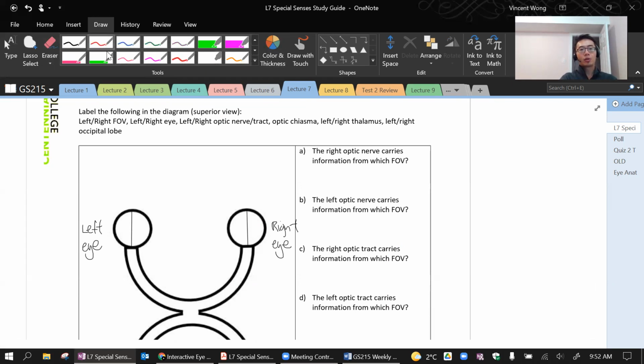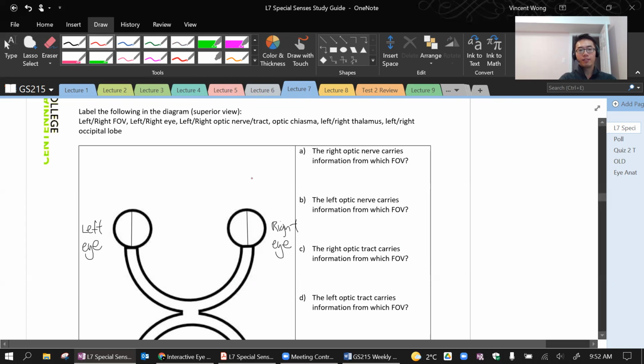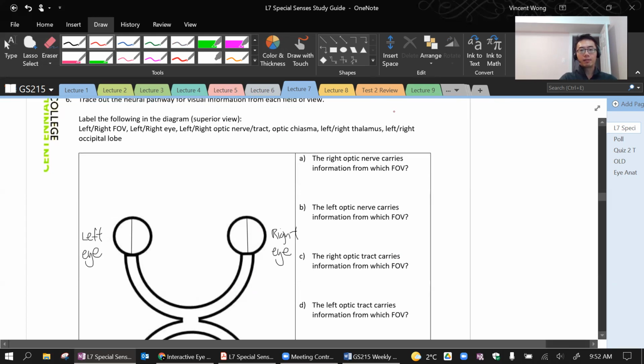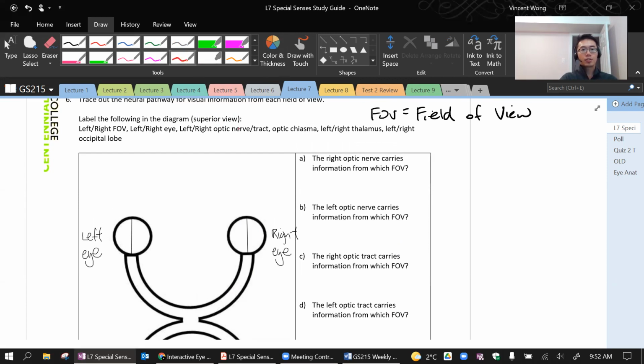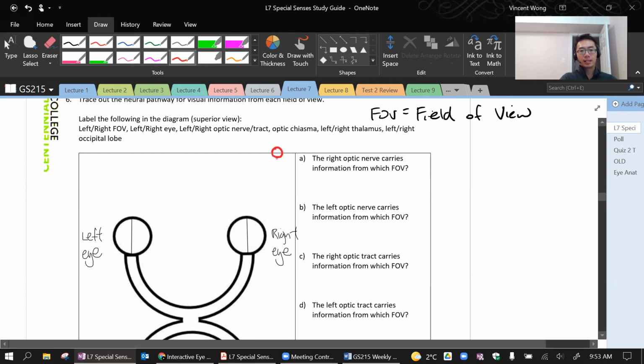Now we have something called the field of view, FOV, right? So let's say there is one person here, and I'll show in red. This would be the right field of view.